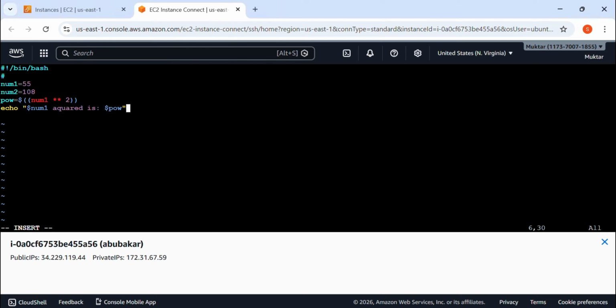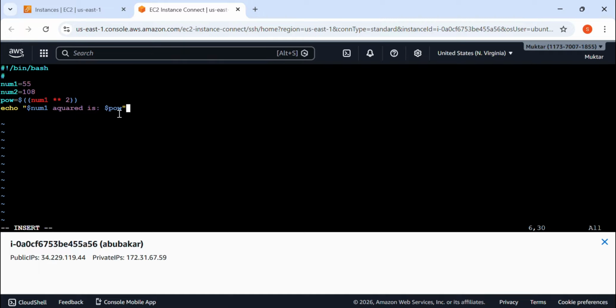As you can see, this is the command. I did pow equals dollar double brackets num1 double asterisk 2. Then echo "num1 squared is: $pow". So let us check out what it's going to give us. That means in simple terms, let me explain before I check it out. I did 55 times 55.